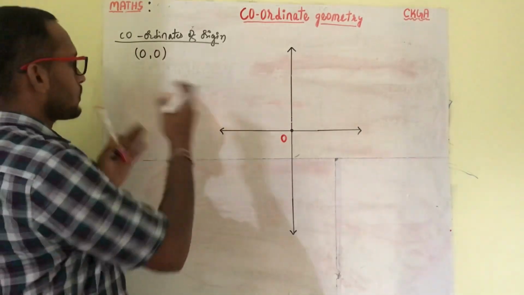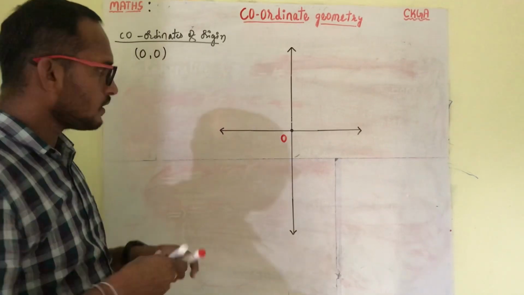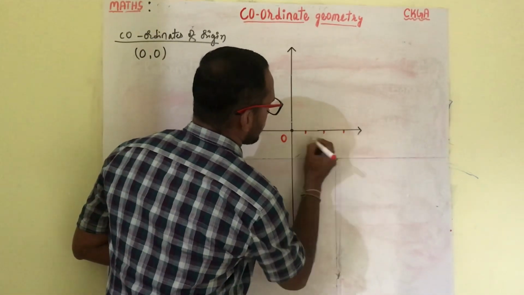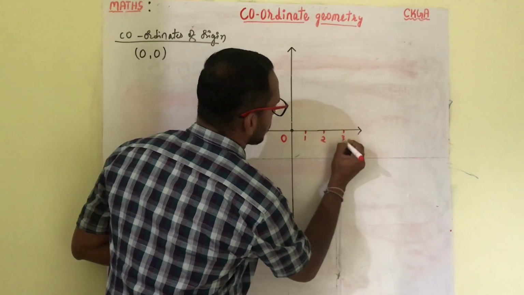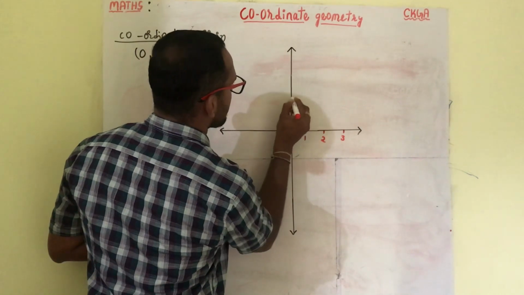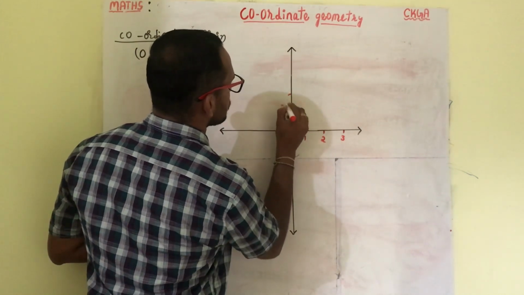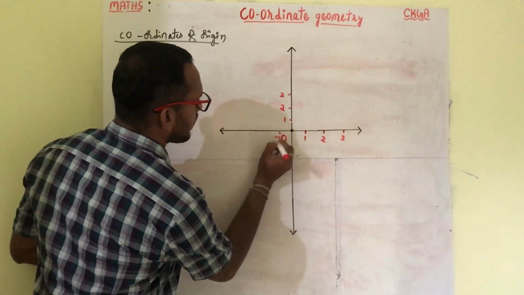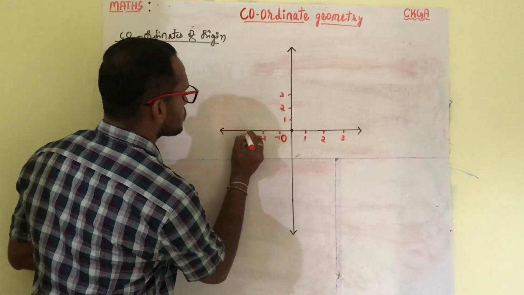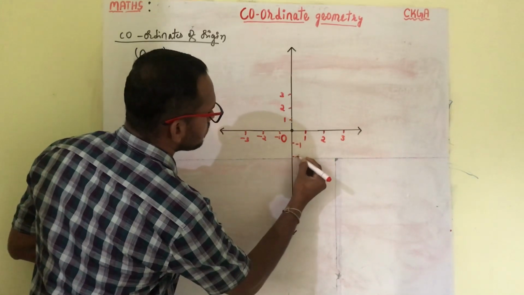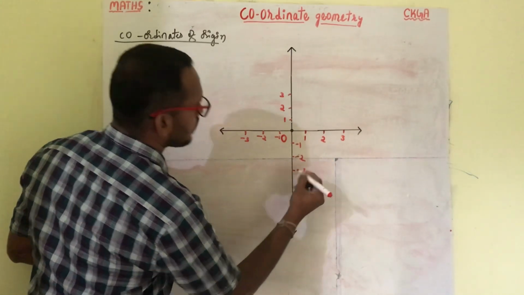Later on, the positive part is 1, 2, 3. The negative part is minus 1, minus 2, minus 3, and so on.